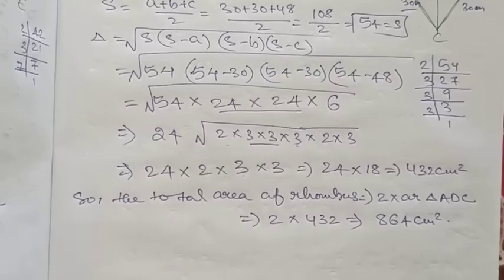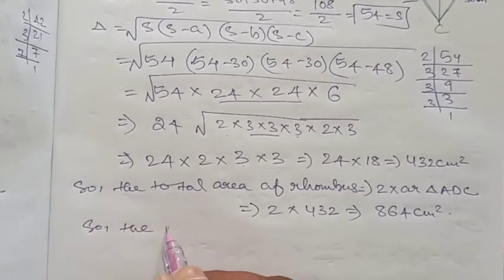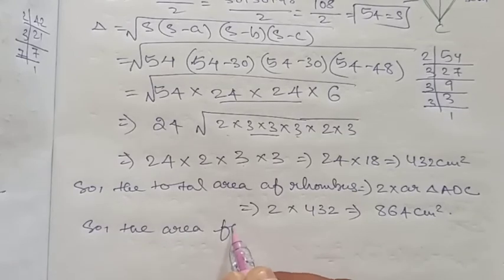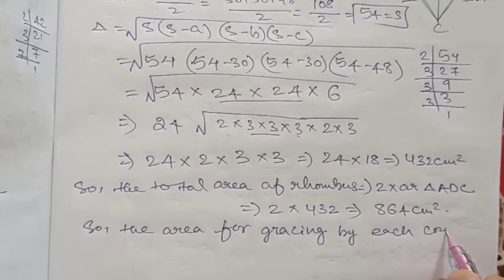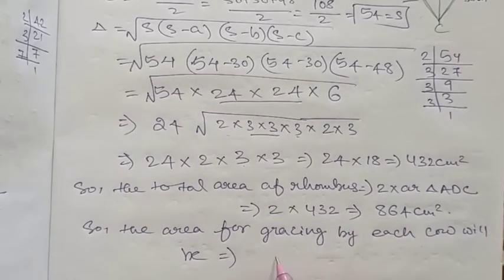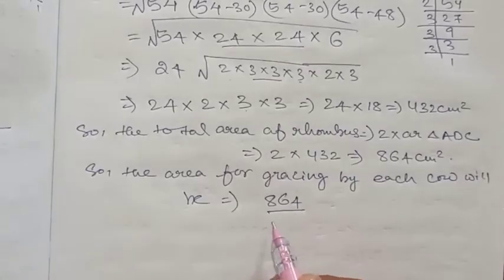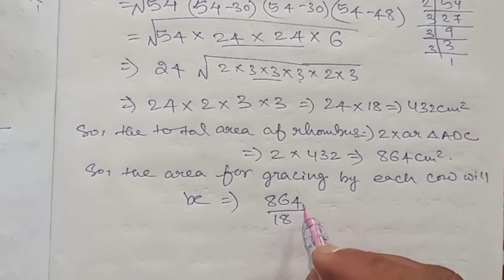Now how much area will one cow get? So the area for grazing by each cow will be the total area 864 divided by 18, because there are 18 cows grazing in the field.